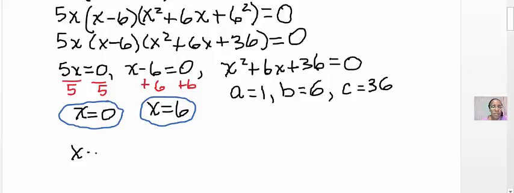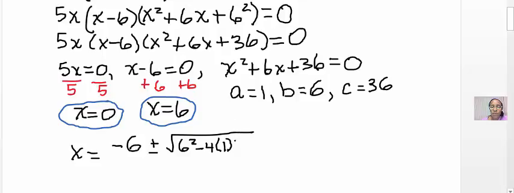So my x is going to be negative b, which in this case is negative 6, plus or minus the square root of 6 squared minus 4 times a times c, which is 4 times 1 times 36, all over 2 times a, which is 2 times 1.